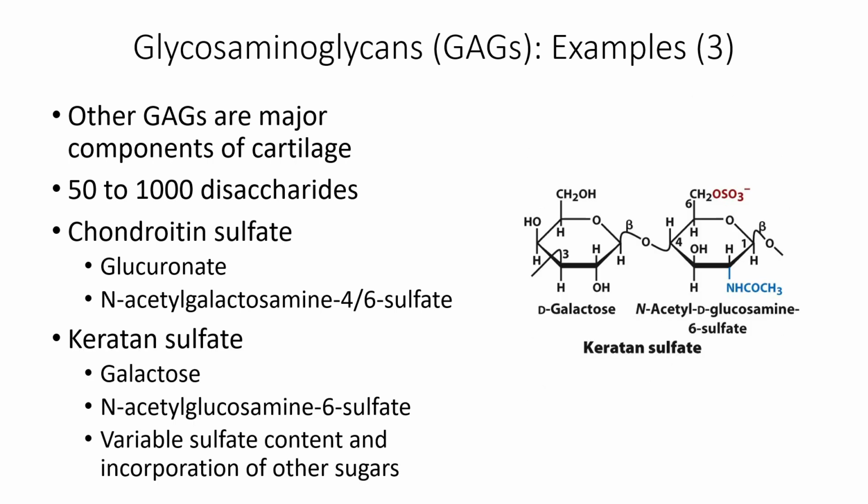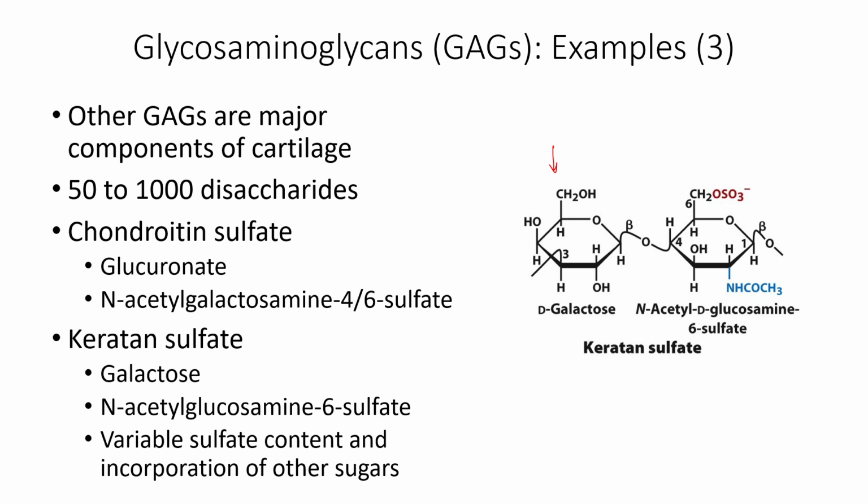The other component of cartilage that we'll talk about now is keratan sulfate. Here we are similar but different. Our first sugar, in all the other ones we looked at so far, was glucuronate. Here we have just plain galactose, so we do not have an oxidation on that first sugar.